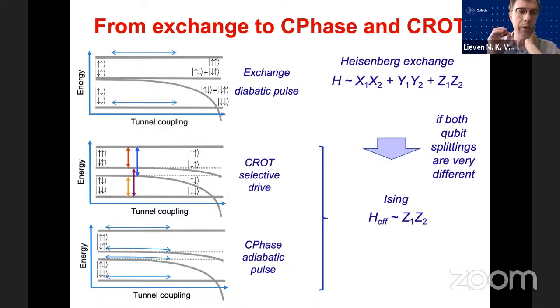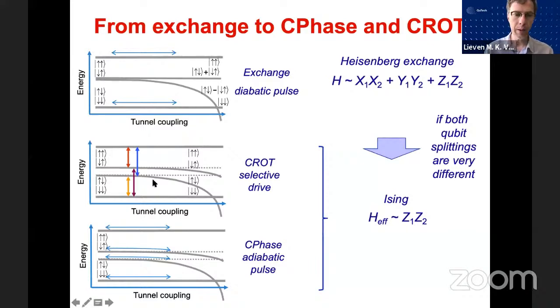That's helpful, so you can individually address them by picking out specific frequencies. And this energy difference will suppress the effect of the flip-flop terms. And so effectively, the interaction that remains is only the ZZ interaction, that's the Ising interaction. And the effect of the Ising interaction is to shift the anti-parallel states relative to the parallel states.